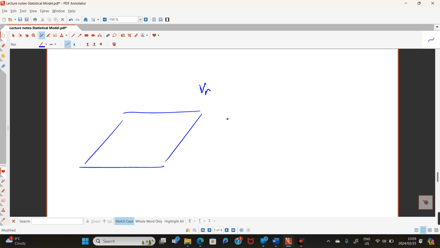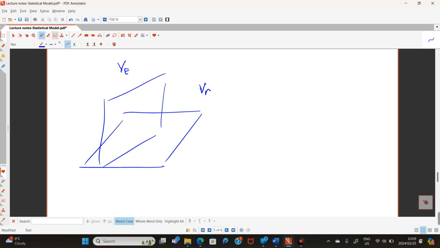What is this space? It's the column space generated by the columns of X, which has rank equal to r. We can find another space orthogonal to it, which we call V_E.